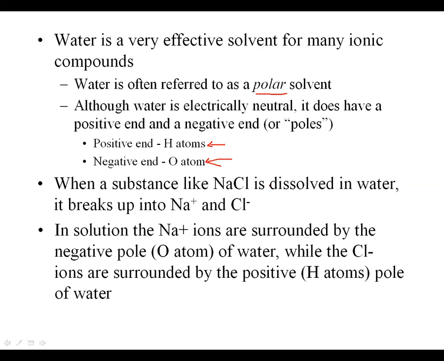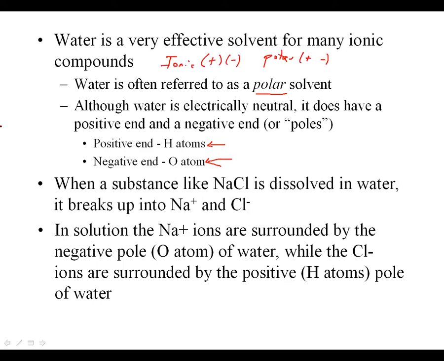So when we think about water as being a really good solvent, it is a very good solvent for things, as we will see, that are ionic, because really ionic compounds are positive and negative guys, and also other polar molecules, which also have a positive and negative side to them.